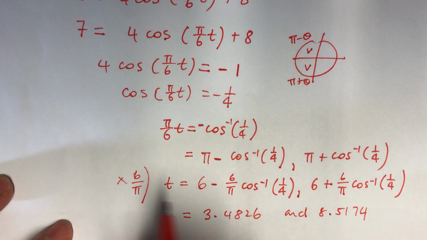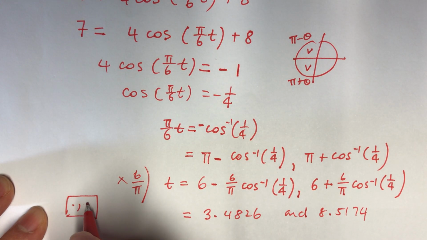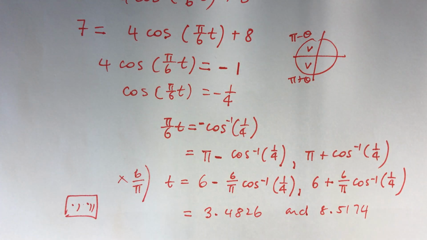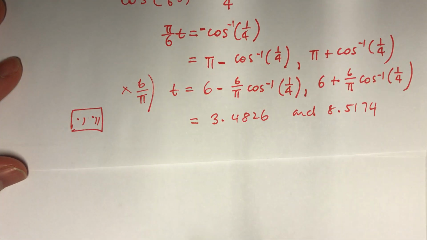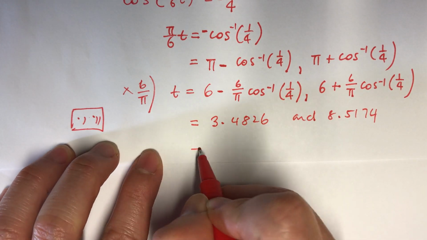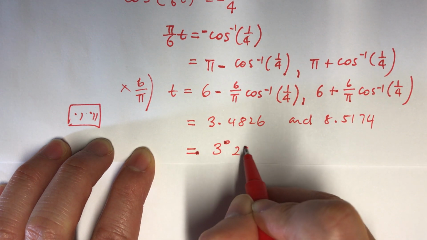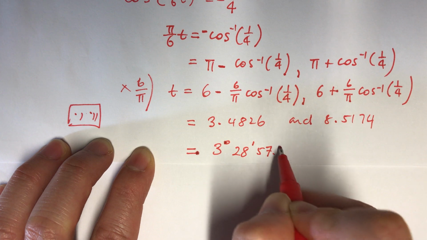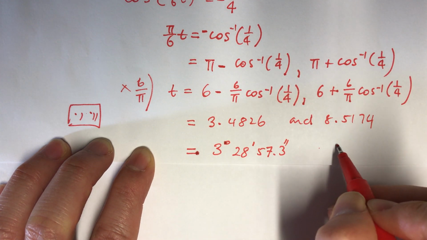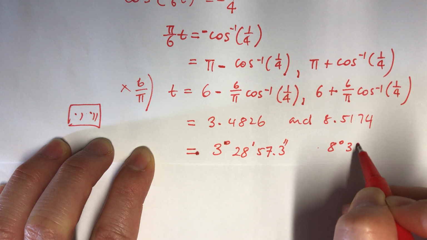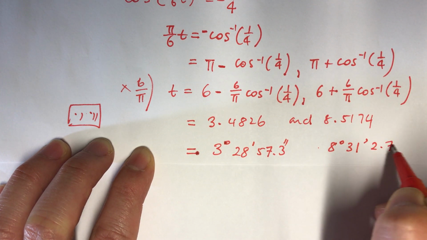Now what that really means in terms of times, you probably need to use the degrees, minutes and seconds button to do this. So if I put this one in there, you will get something like 3 degrees 28 minutes 57.3 seconds, and here you get 8 degrees 31 minutes and 2.7 seconds.